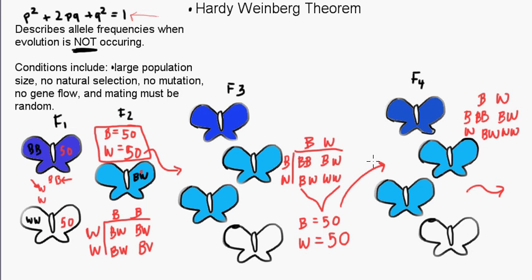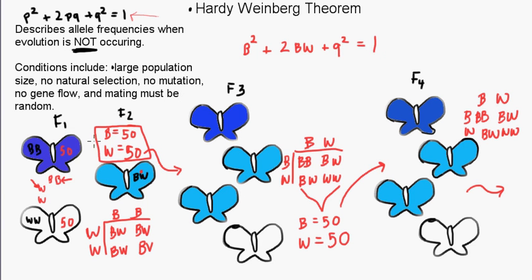I just wanted to go through this little exercise to show you what the Hardy-Weinberg theorem actually means. If you look at this equation, you take the initial allele frequencies, and let's just say in this example we use B and W instead of p and q, so you have B squared plus 2BW plus W squared equals 1.